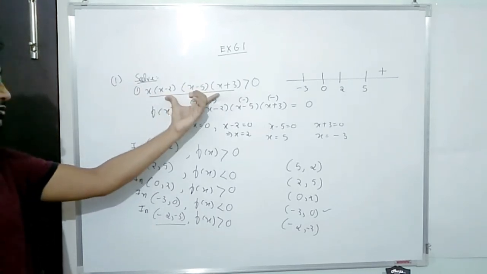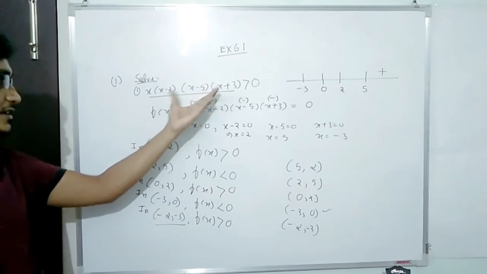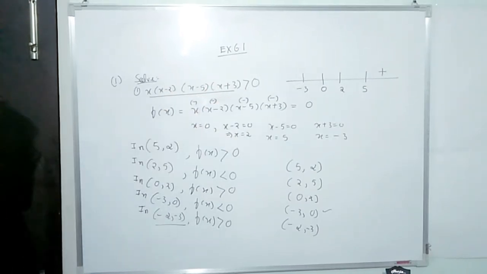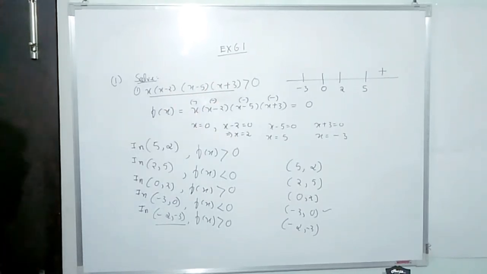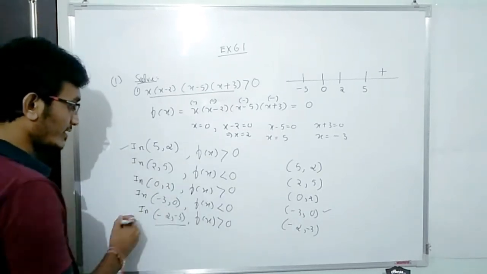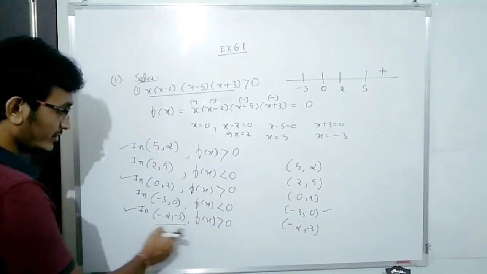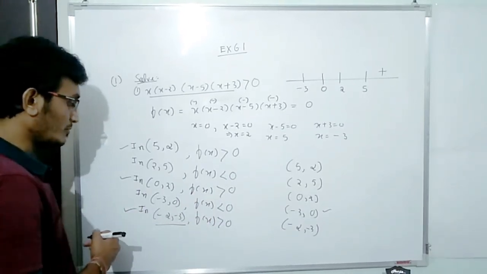Since the question is in this given inequality, f(x) is greater than 0, we should consider all those intervals in which f(x) is greater than 0. That means in this interval f(x) is greater than 0, in this interval f(x) is greater than 0, and in this interval f(x) is greater than 0. So what should be the answer?